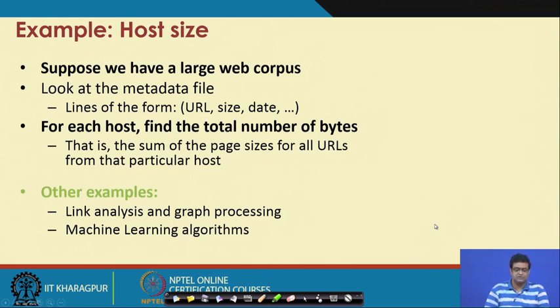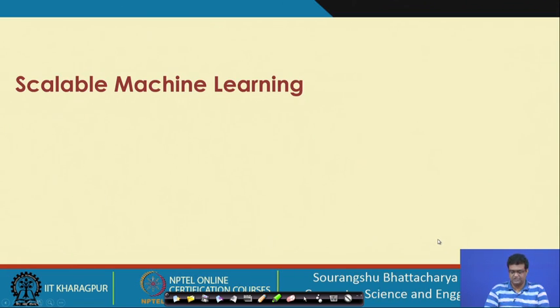Okay. Similarly, you may have a large corpus of files where you have the URL and then the size and the date, and then you want to know the total number of bytes of pages received from a particular domain or host, okay, and many other such computations.